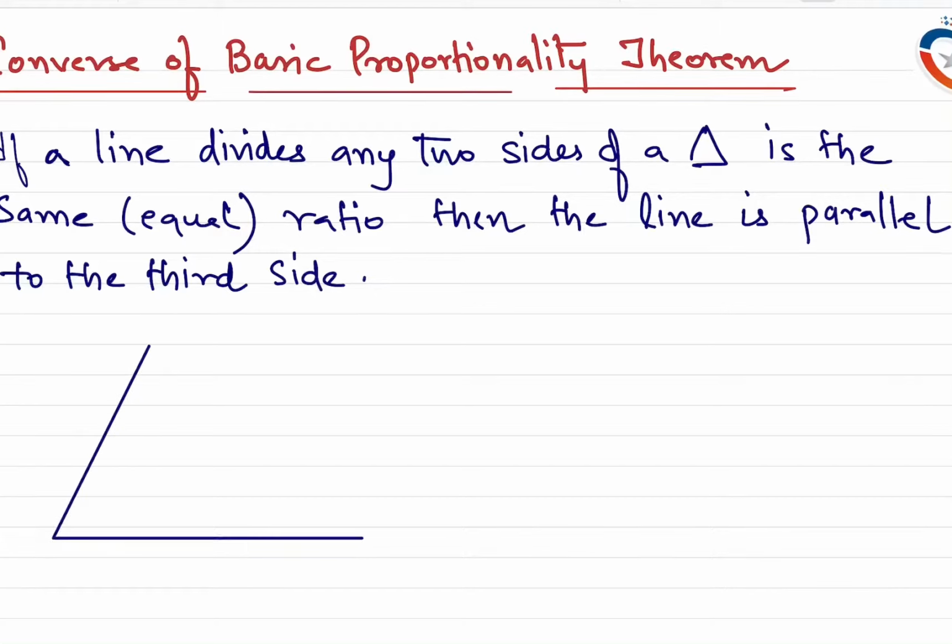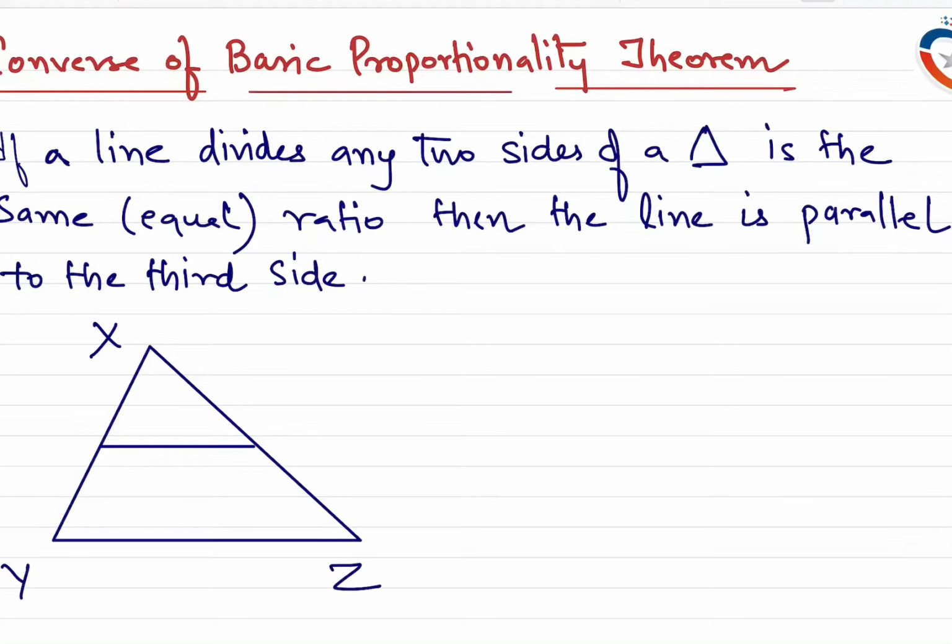So if you have a triangle XYZ, okay, and this line divides the two sides in equal ratio. Suppose you have triangle XYZ and suppose MN divides XY and XZ in equal ratio.